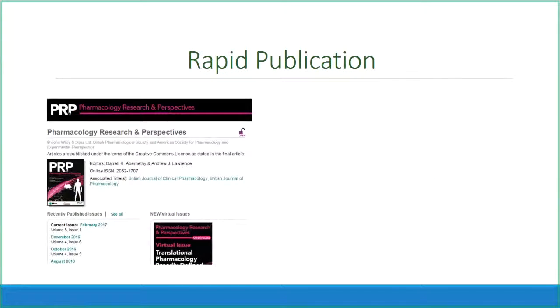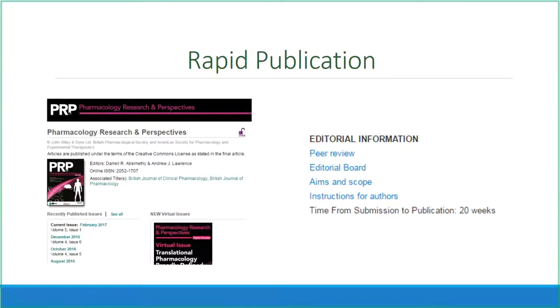So here we have a better example, Pharmacology Research and Perspectives. This is a screenshot from the Directory of Open Access Journals, and it lists the time from submission to publication: 20 weeks.